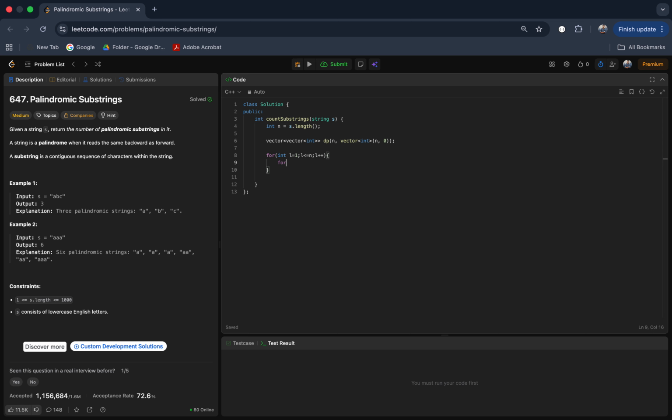And from here we need to traverse, we can traverse column wise or row wise. So first we are taking the length, and I will take i and j value as column and row, where the i value will be the starting index of the character and the j value will be the ending index of the character.